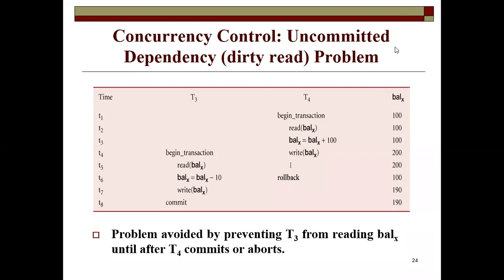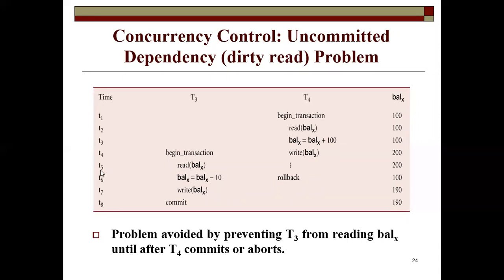Talking about the transaction, at time T4, when T3 is starting, T4 is ending. Then at T5, we have that T3 is reading the balance, but T4 is rolled back. When it rolls back from the balance of 200 going back to 100, T6 now reads the balance of 100 and deducts 10.